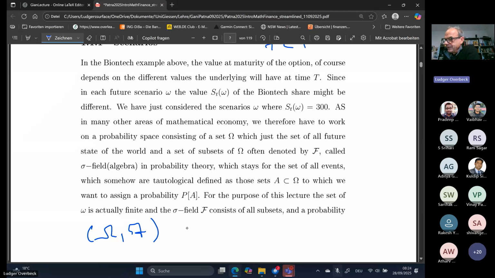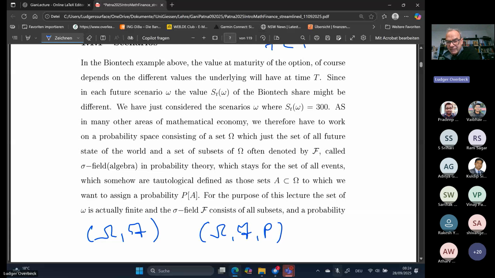This means you always have to work with a probability space. That's why mathematical finance is basically a part of probability theory, because the future is uncertain, so a mathematical tool to handle uncertainty is a probability space, and so you assign probabilities to subsets A of omega.